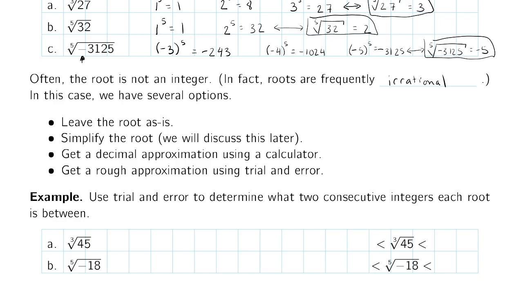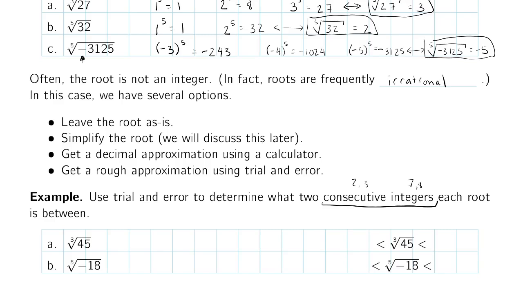We want to get a rough approximation. In particular, we're going to see what two consecutive integers each of these roots is between. Consecutive integers just means like 2, 3, or 7, 8. Just one number and then the next number.